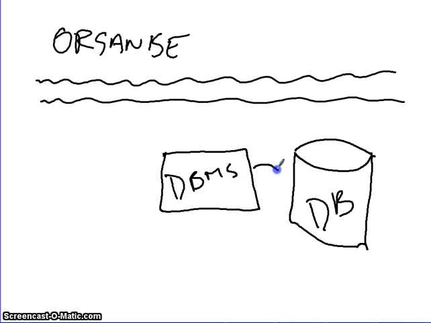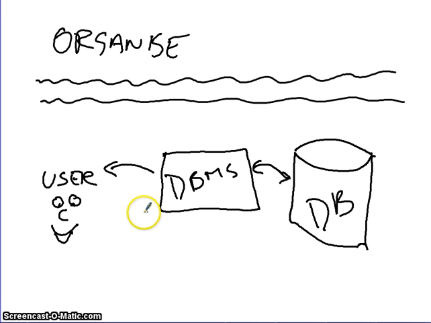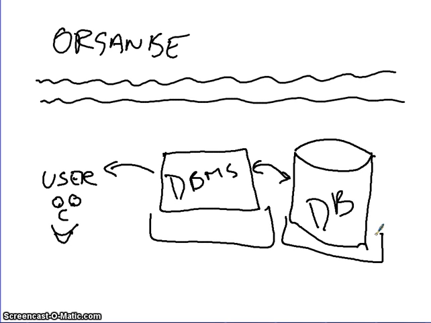The DBMS's job is to communicate with the database and display it to the user, there's my happy smiley face user, in a way that we can understand. Because if we were just trying to read data, it would be too difficult. So that's what the job is. The other thing is if you get really complicated databases, you can separate these, which means we've got a lot more control, which is really good.